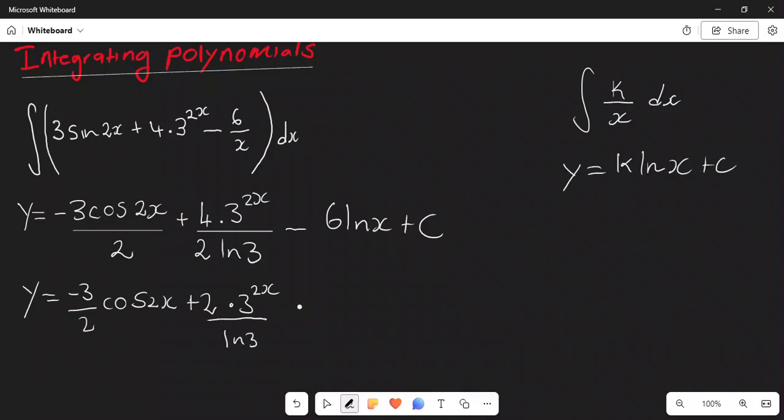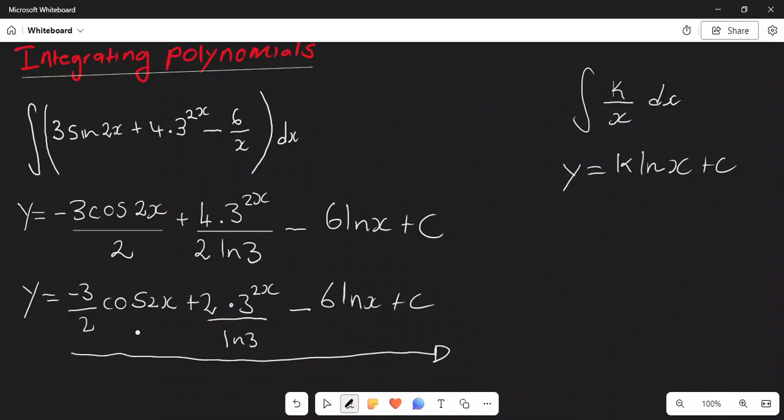And the last one, there's nothing that we can do here. We just write it as it is, plus c. Don't forget plus c, guys, it is very, very important. So basically this is how you solve this problem, this polynomial.